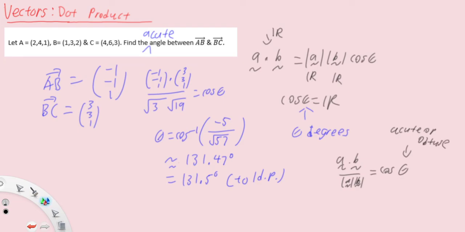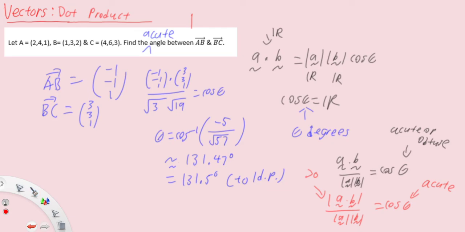But if we add a modulus to it, then we know that this particular value will always be positive. And because of that, cosine theta is positive. This would then only be acute. So if they want to find the acute angle, we must add the modulus sign, all right?